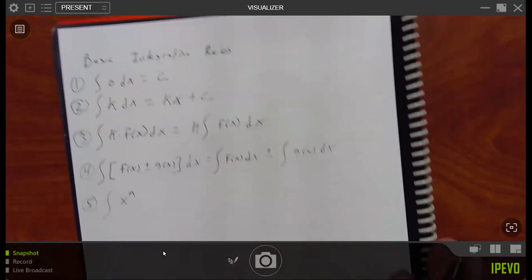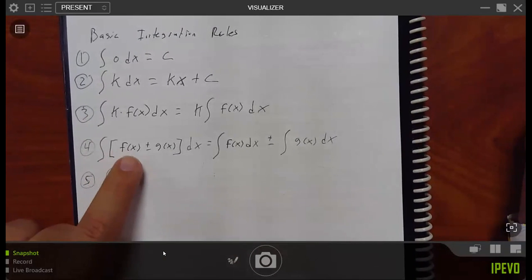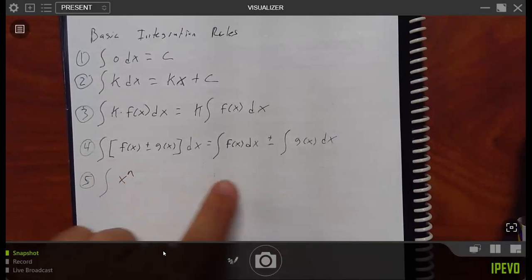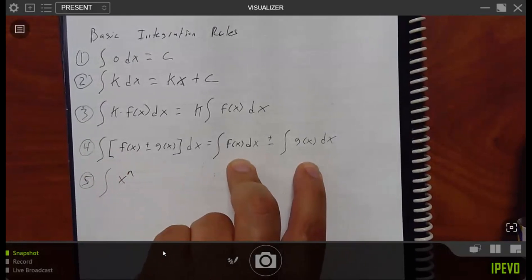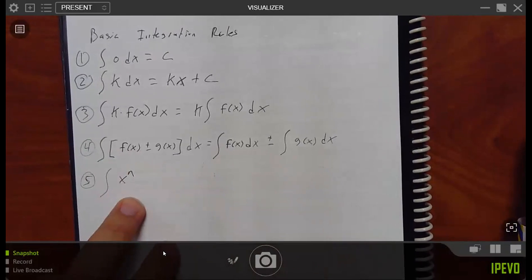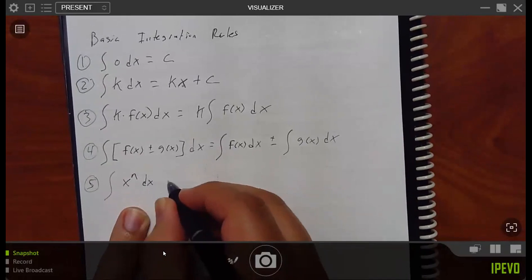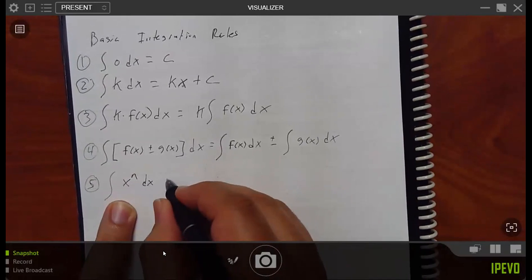Okay, sorry, got distracted. So number 4, if you have two functions that you're integrating together, you can separate them and integrate them separately. The next one is the most important one, and we're going to see quite a bit, the power rule.